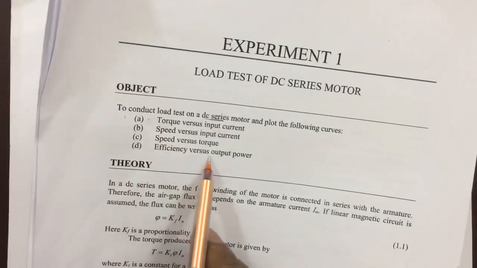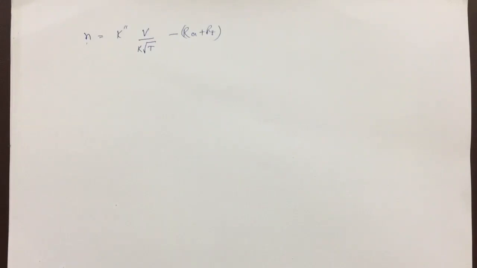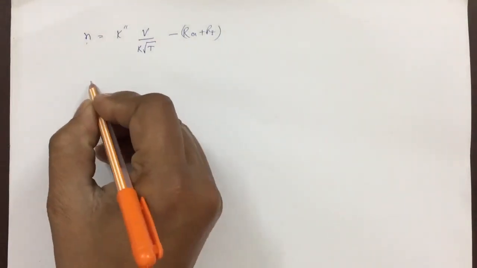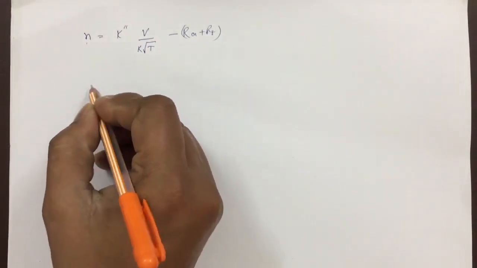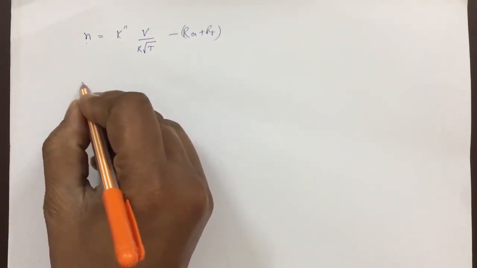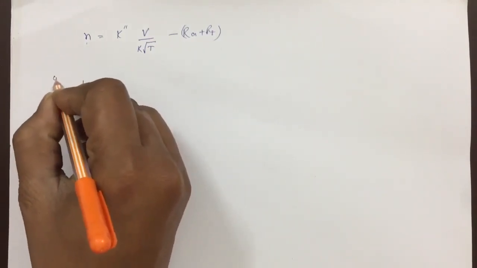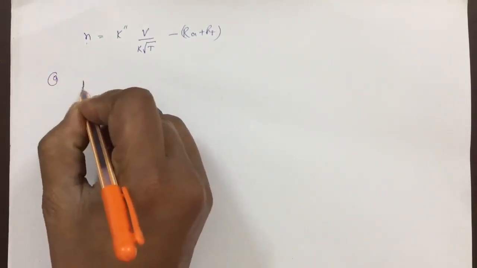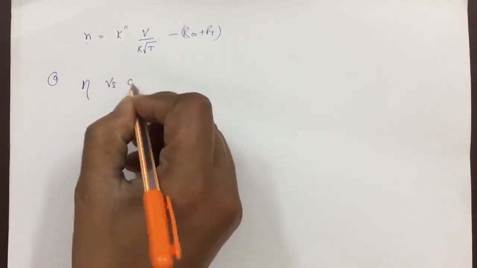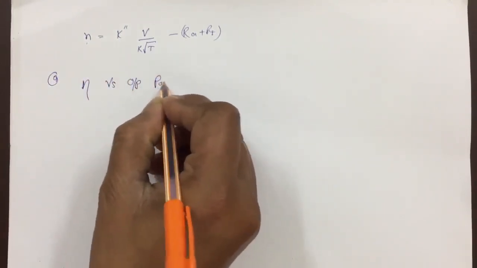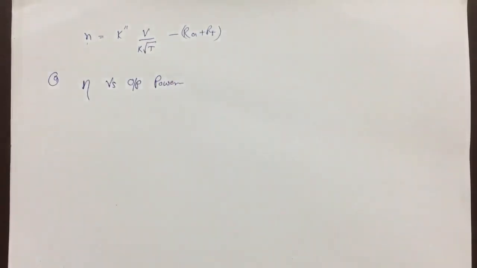Now the next objective that we have to follow is efficiency versus output power. This is the DC motor in which the input is, for efficiency versus output power, electrical.